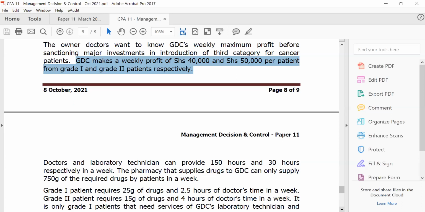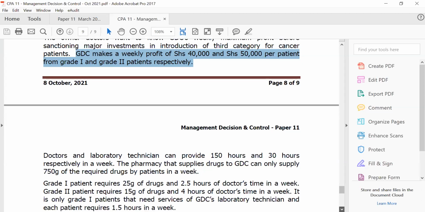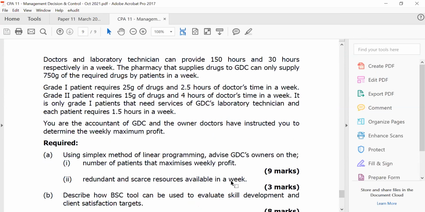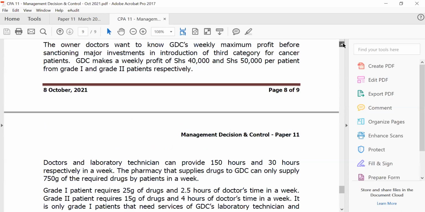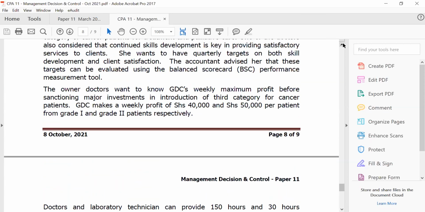Instead of profits, they can give you what contribution each of the products brings in, and then ask you something that maximizes the contribution. Like I said, our objective function is usually determined by what management is aiming at. So here, they want something that maximizes the weekly profit. That is why we have used that as the objective function.